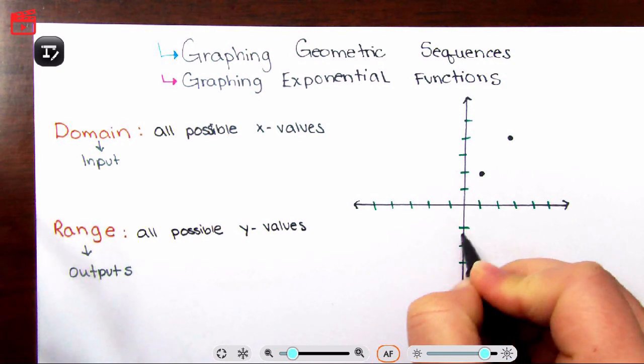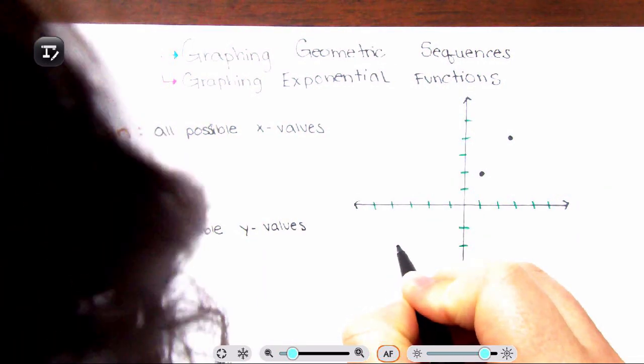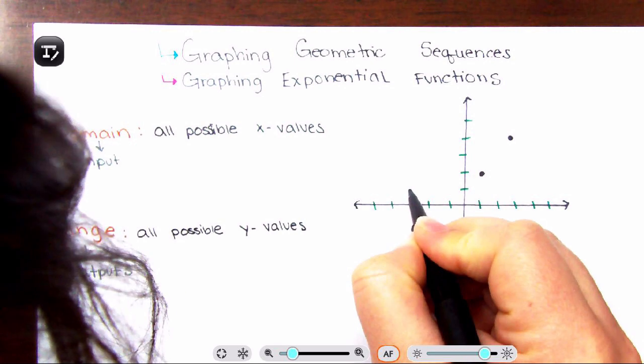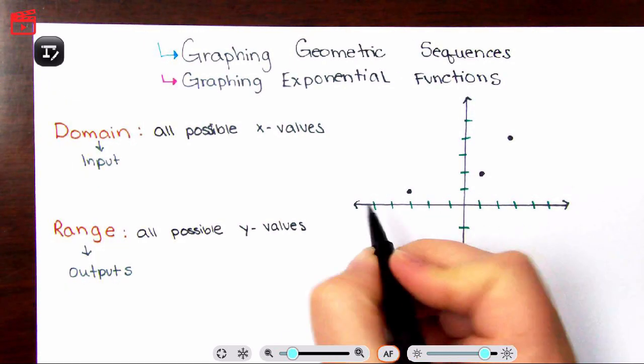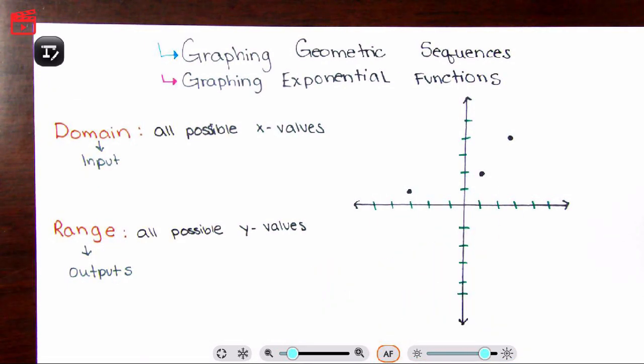Let's do a curve. I want to do something a little bit more random. Like this, and then this one. Let's just do these 3 points. So we're asking, let's do an example. What is the domain of these 3 points, of this graph?